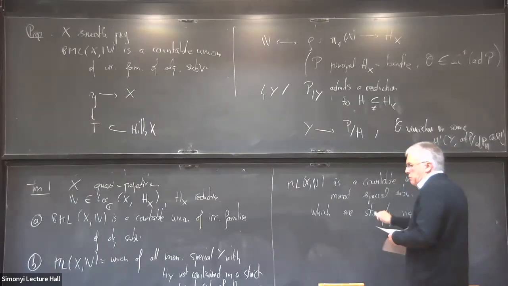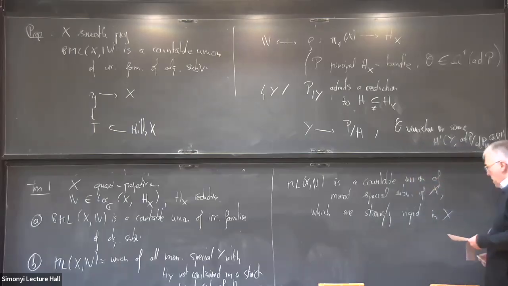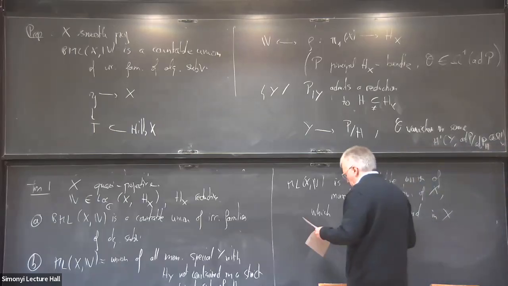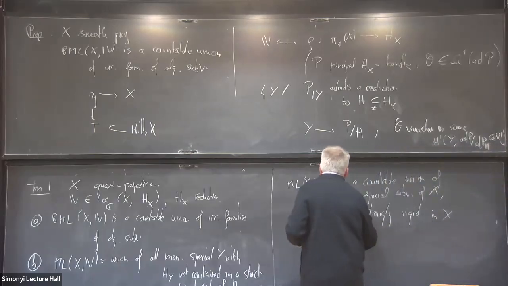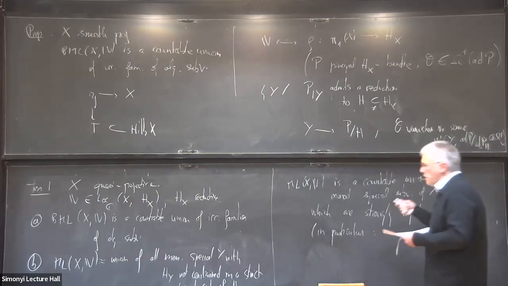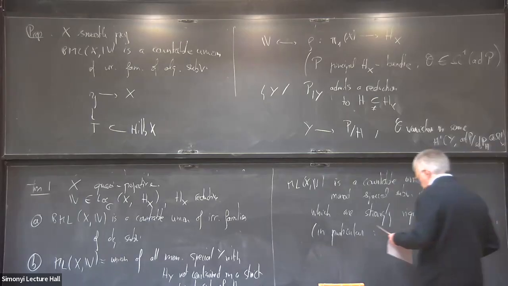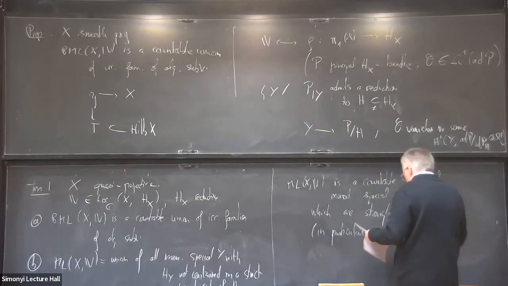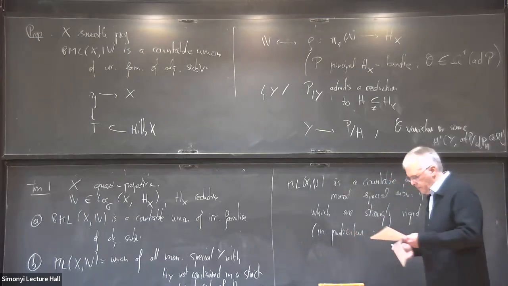So I will explain what I mean by strongly rigid in 1 second. But in particular, those components are defined, for instance, on the same algebraically closed field on which X is defined.